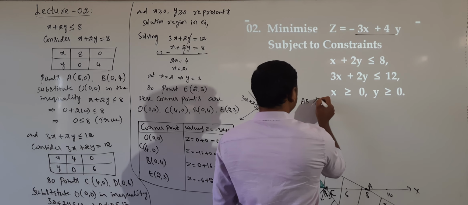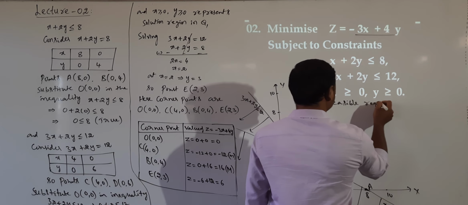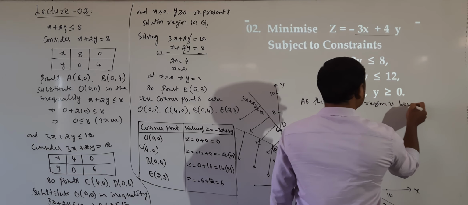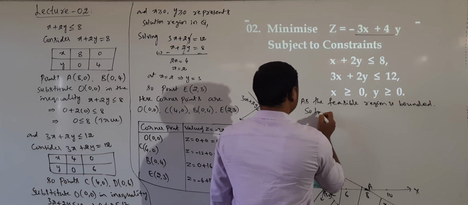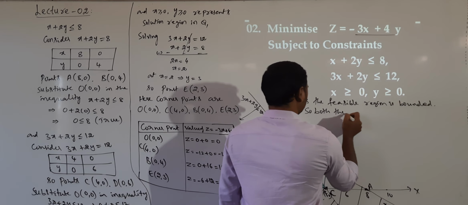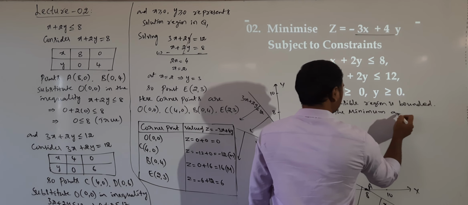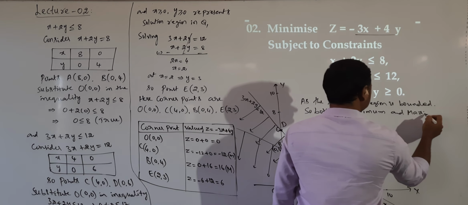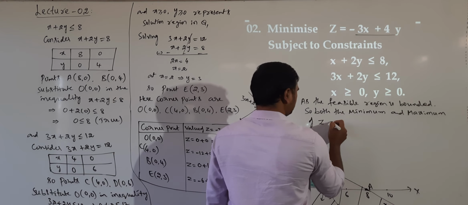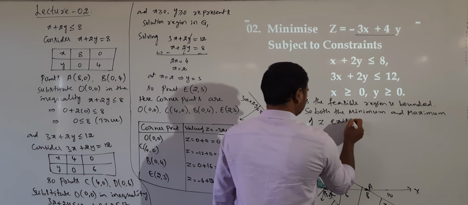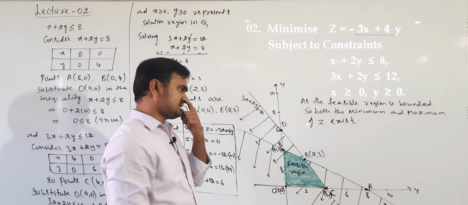as: the feasible region is bounded. So both the minimum and maximum of z exist. Both the minimum and maximum values of the objective function z exist.